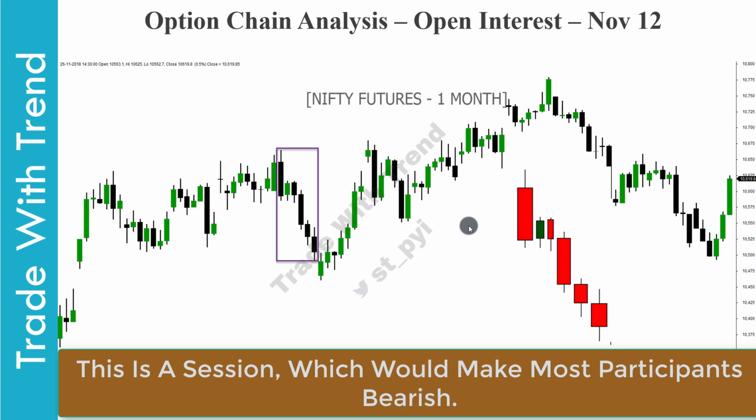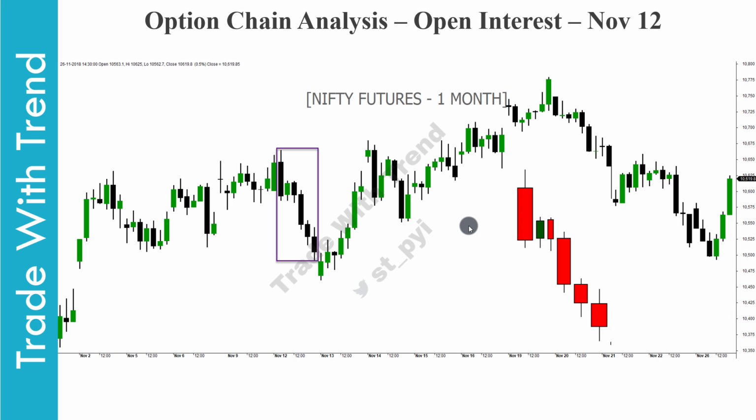This session is again very similar to what we saw on October 30th, November 1st and November 6th. The important question here is whether this session is important, or is it just an aberration in an ongoing trend? Well, let us now go back to the cumulative open interest chart to check this out.